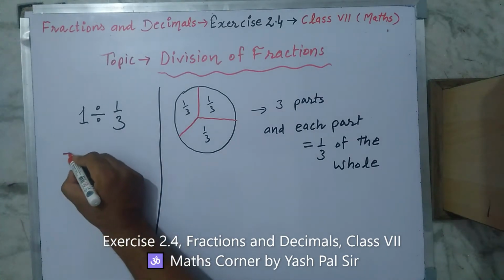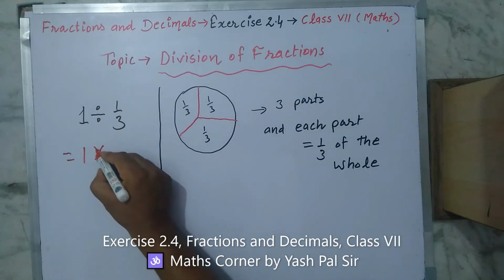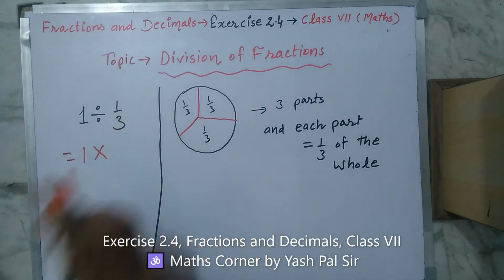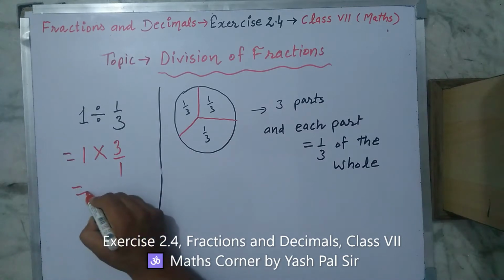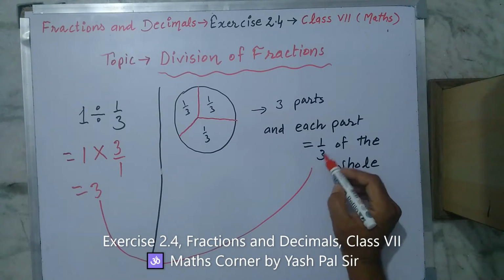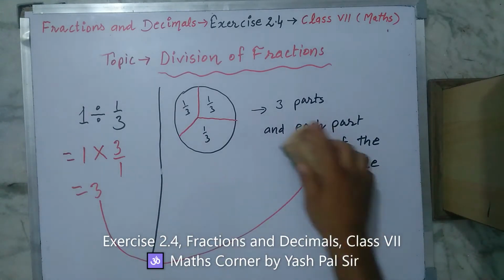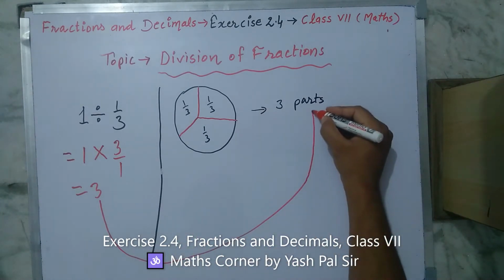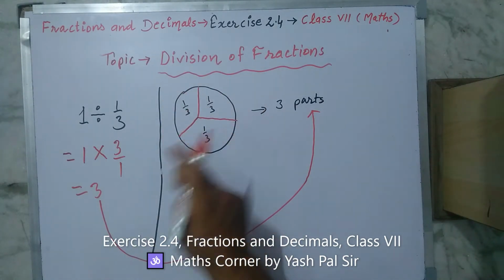First of all, we convert the divide sign into multiplication. Then we find the reciprocal of 1 upon 3, which is 3 upon 1. So the answer is 3. This 3 means 3 parts of the complete whole number.